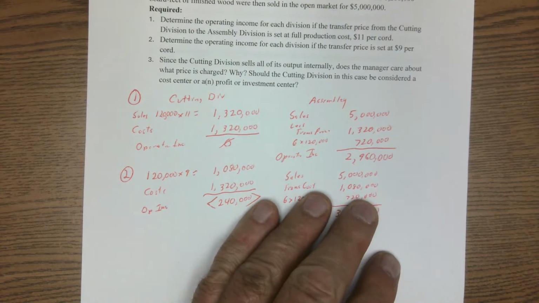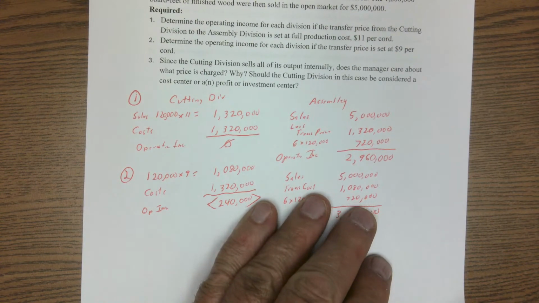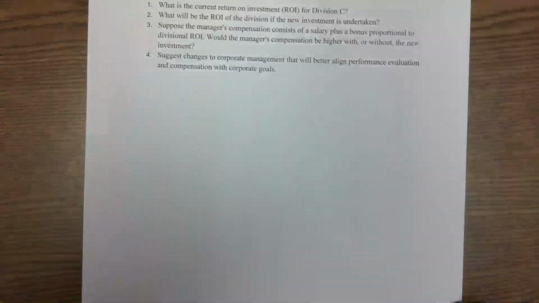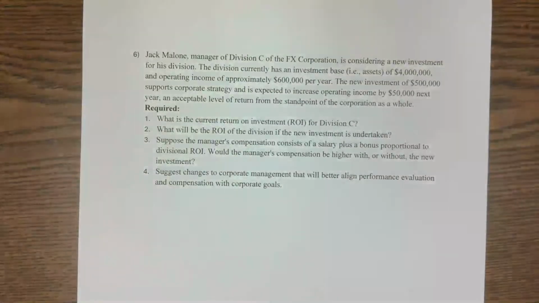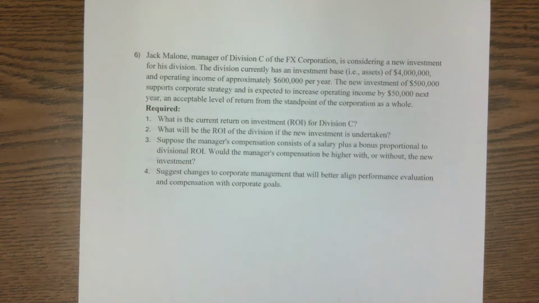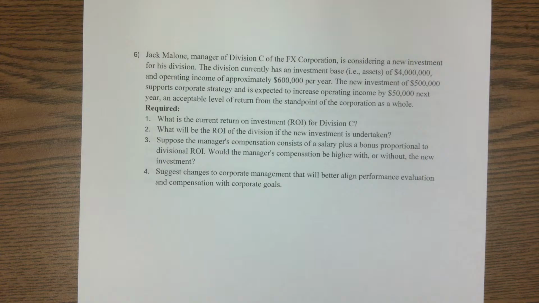All right, let's try another one. I think this next one is also a transfer pricing problem. Okay, we've got Jack Malone, manager of Division C of FX Corporation, is considering a new investment for his division.